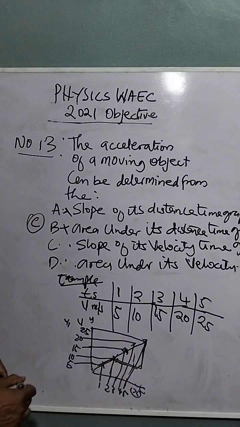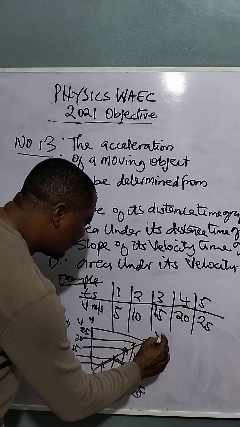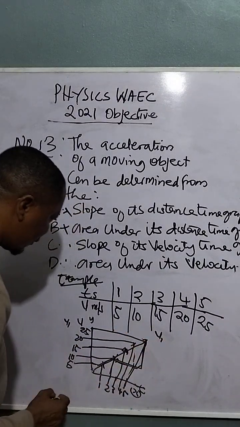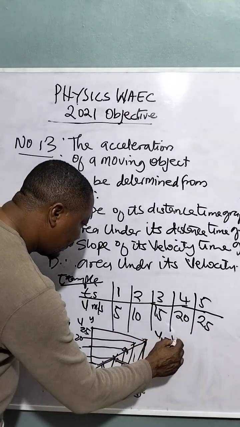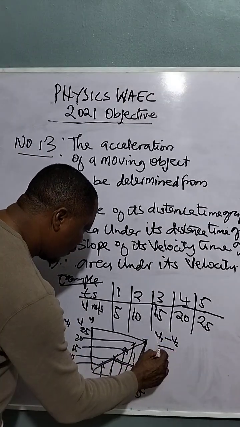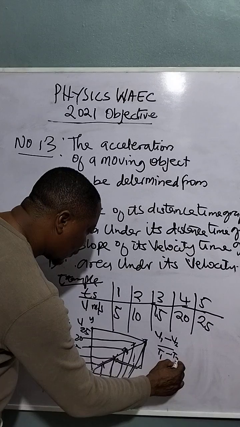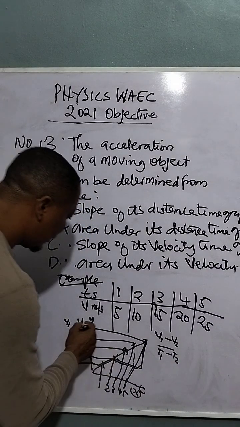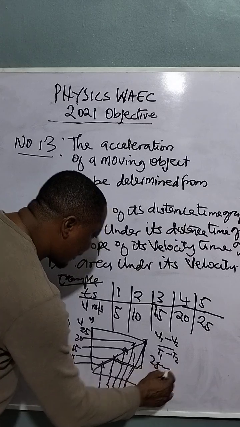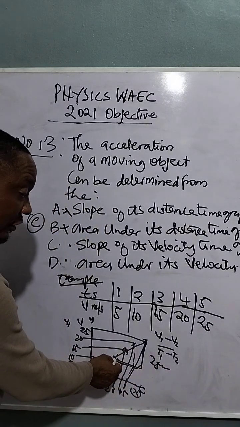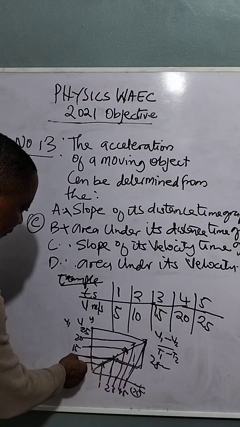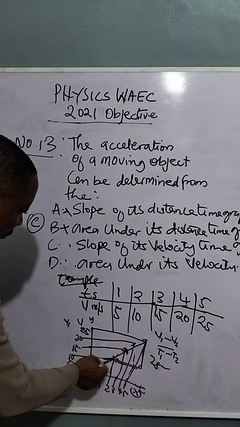When you pick it from there, you now have v1 minus v2 all over t1 minus t2. So you can choose v1 to be 25, the highest number, minus v2 where you choose to calculate the slope, which is at 10.